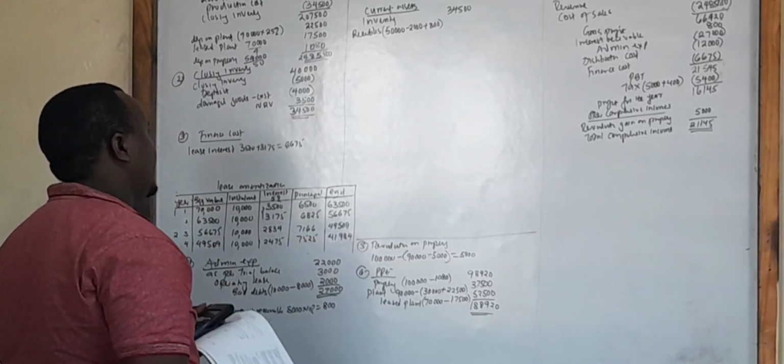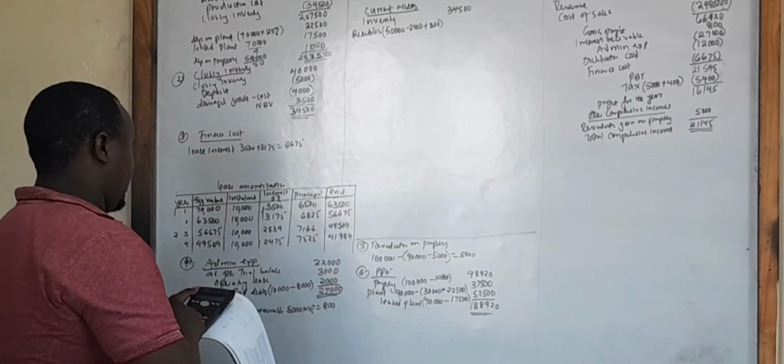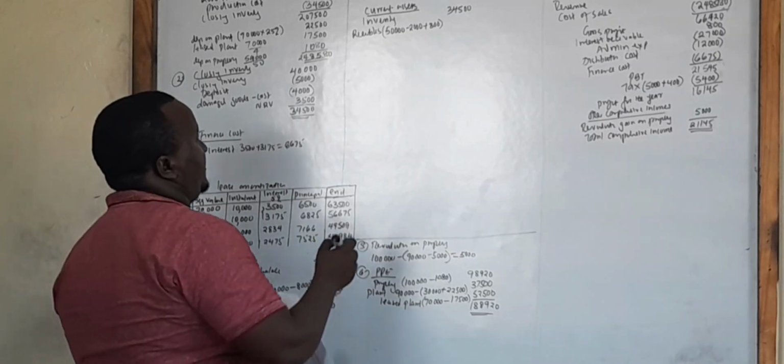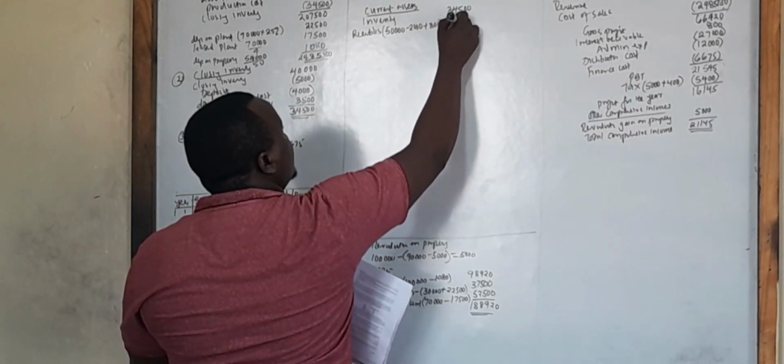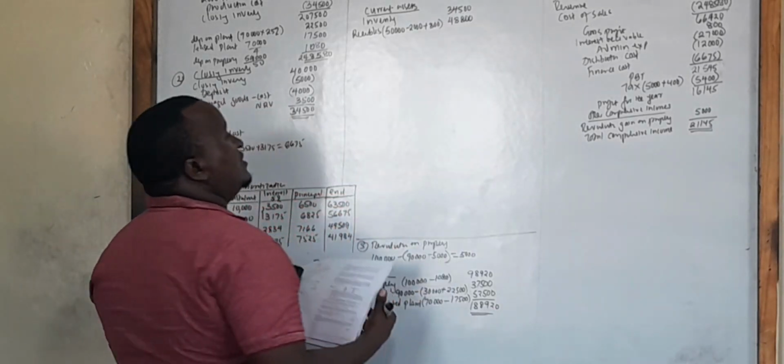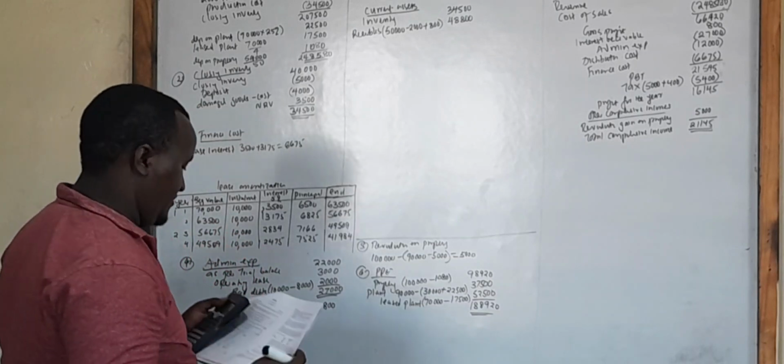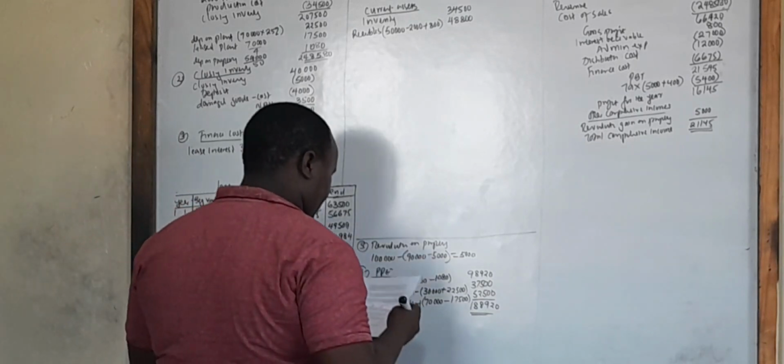The return on that particular amount gives you 48,800, right? And we have bank and cash.